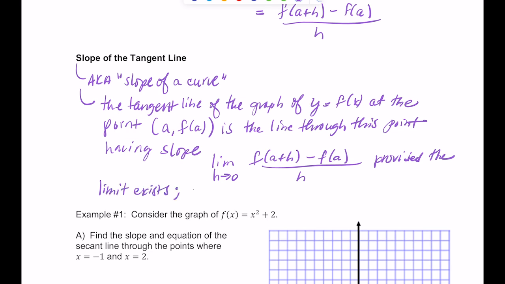If the limit does not exist, DNE, then there is no tangent line at that point.